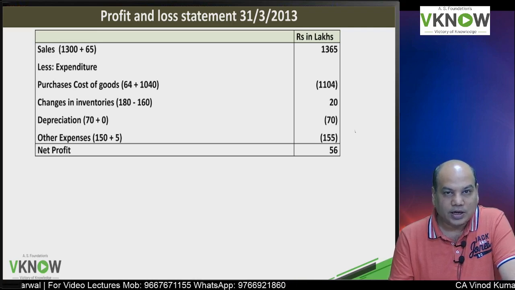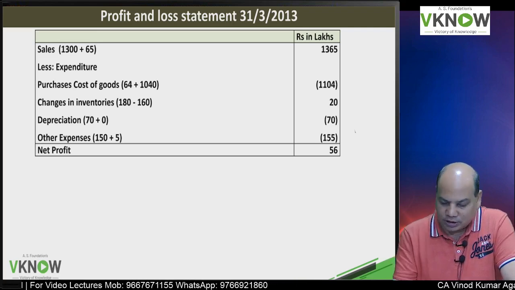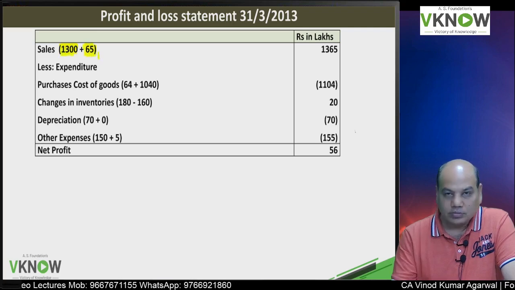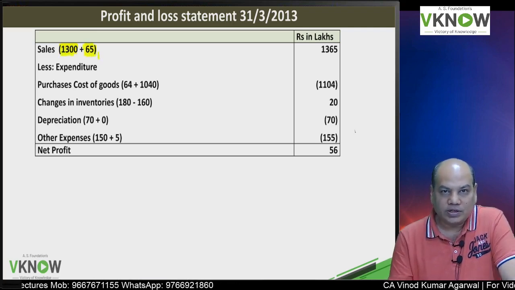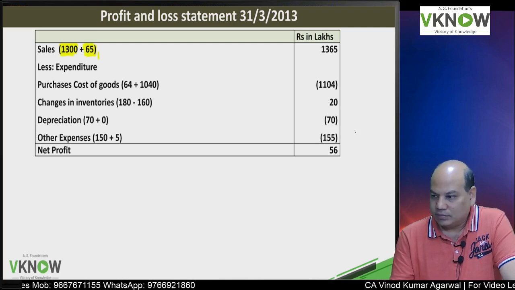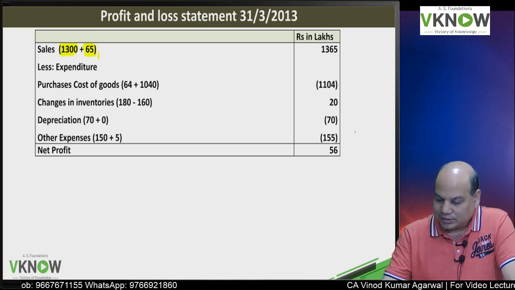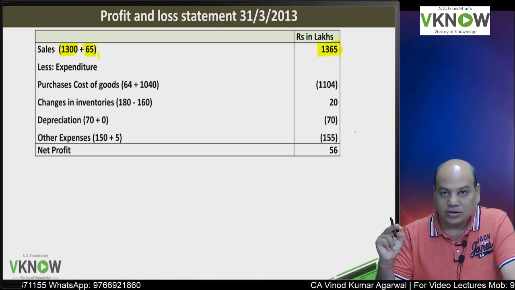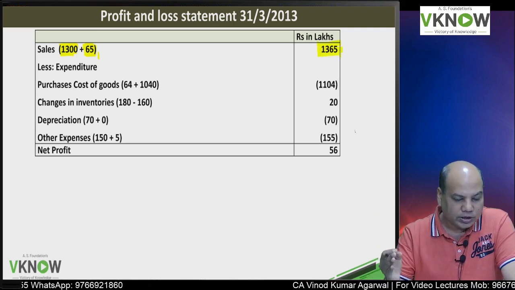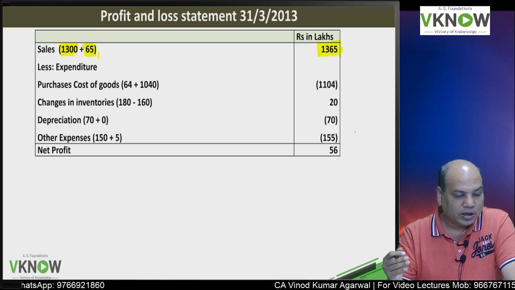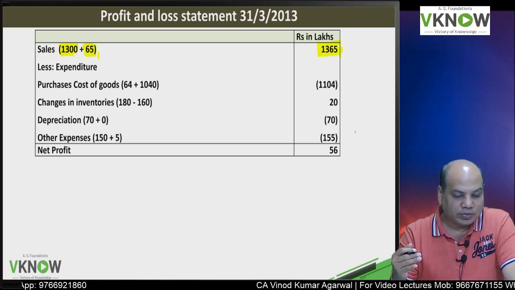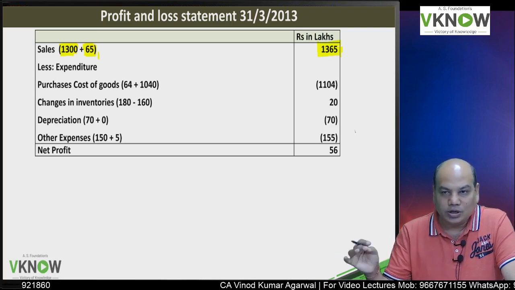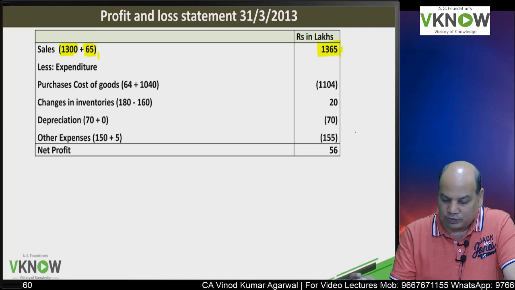On the credit side we have sales 1300 plus share in sales of joint venture 65. So my total sale that will appear in the P&L account is 1365. 1300 is sales made by Monty directly, and 65 is the share in the revenue, in the income from the joint venture.